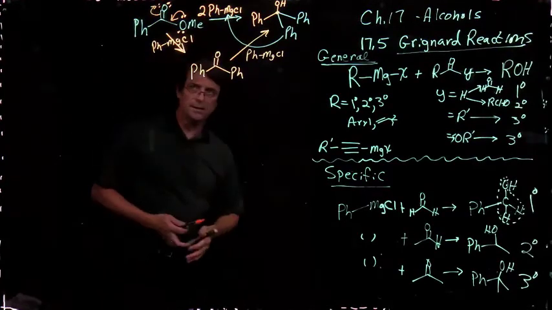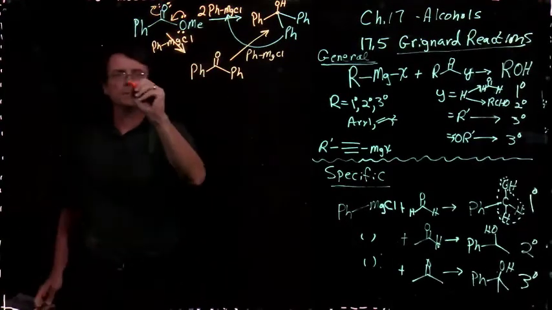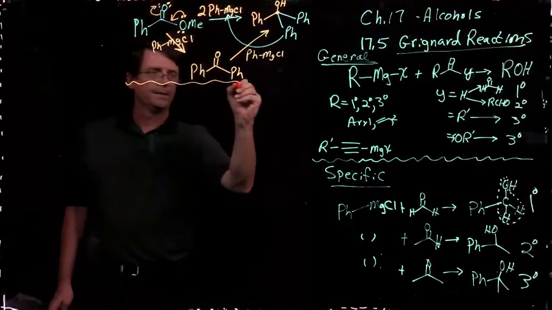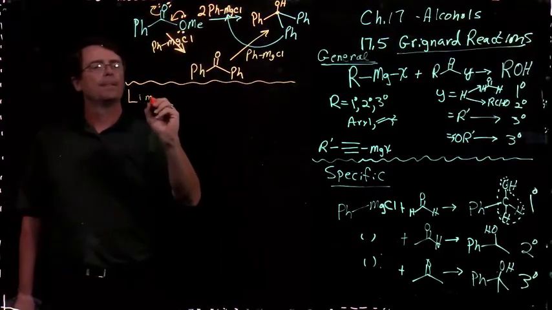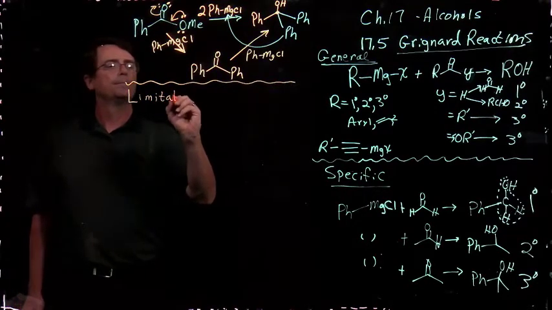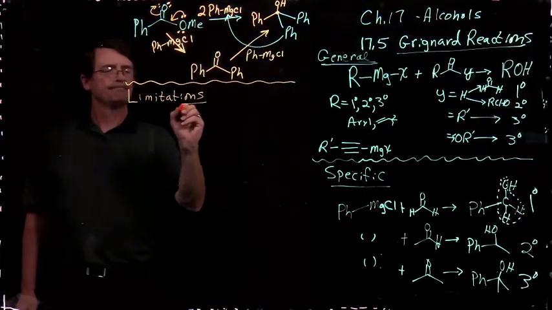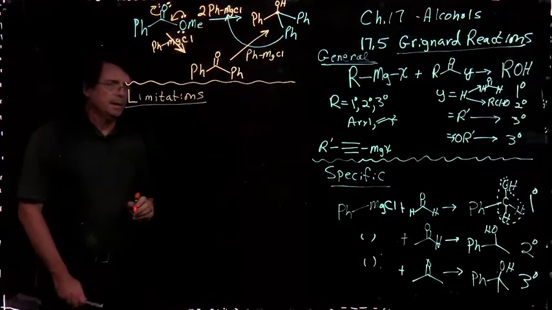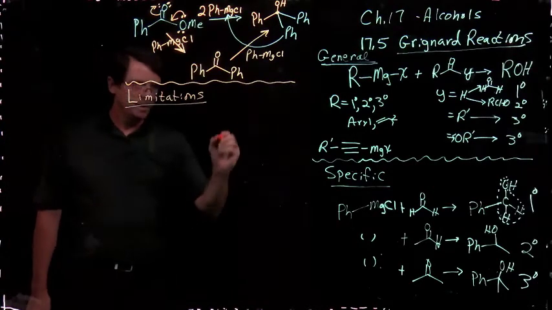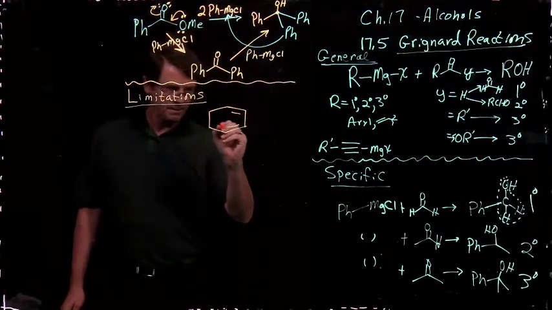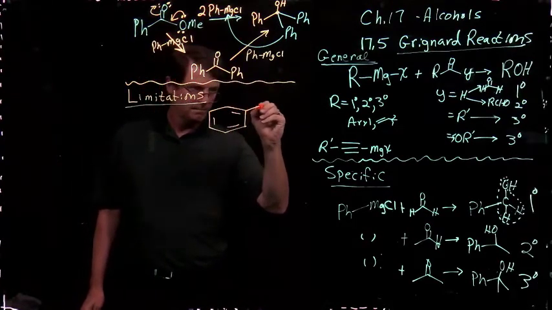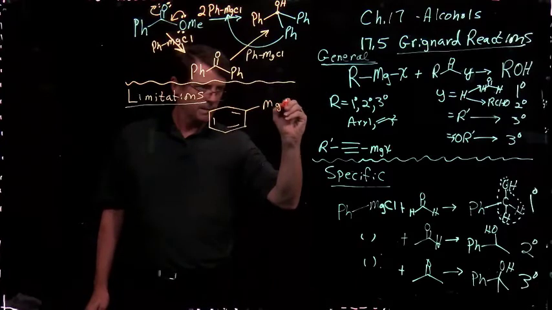It's very, very useful. But there's some more things we need to recognize about it. And that has to do with limitations. It has some pretty severe limitations. Remember, this is phenyl Grignard.